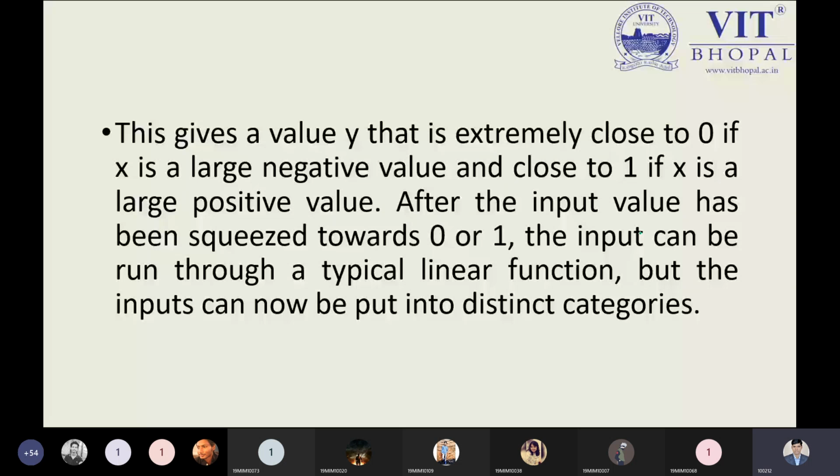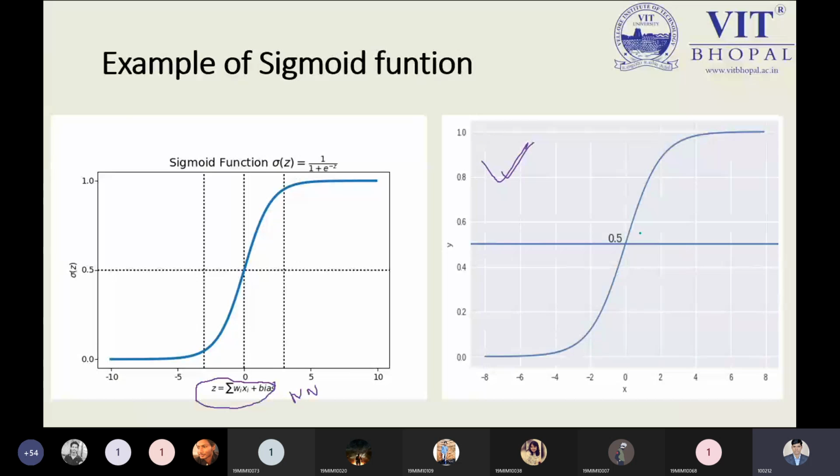Here we have a simple example about the sigmoid function. You can see everything drawn over here. These are two different examples. Here we have written sigma z, which is equal to 1 upon 1 plus e to the power minus z.